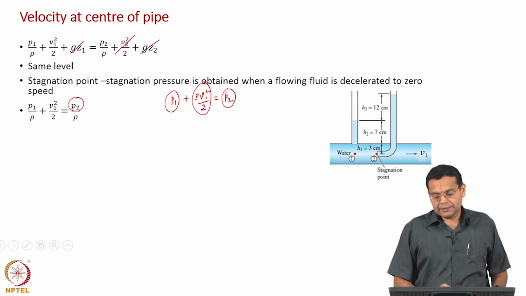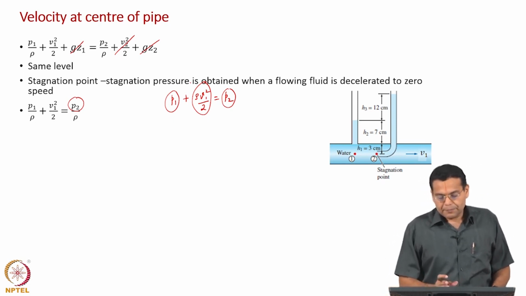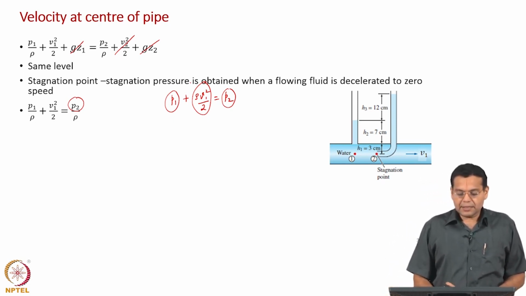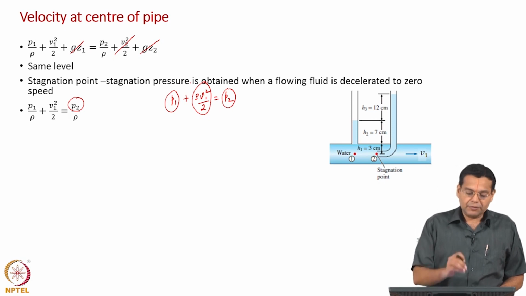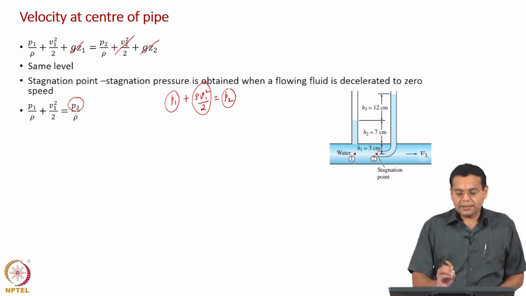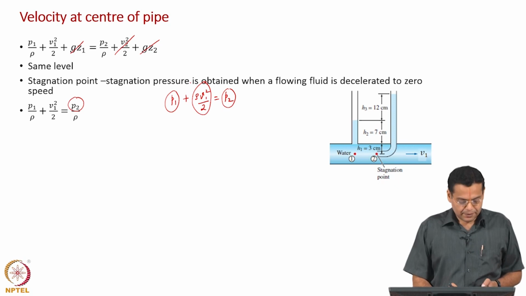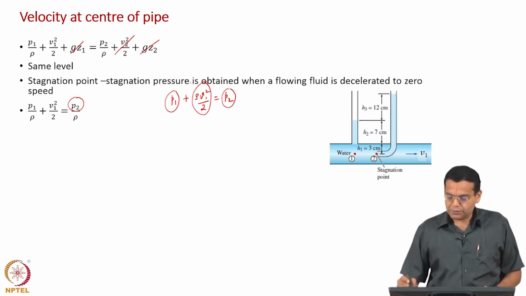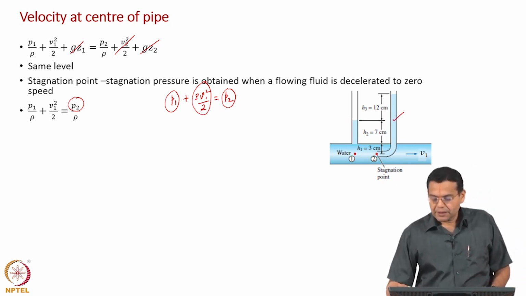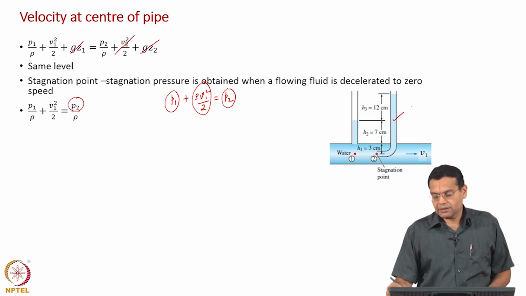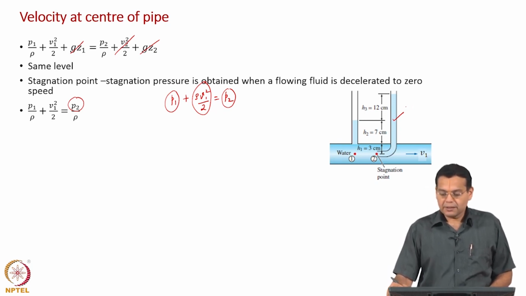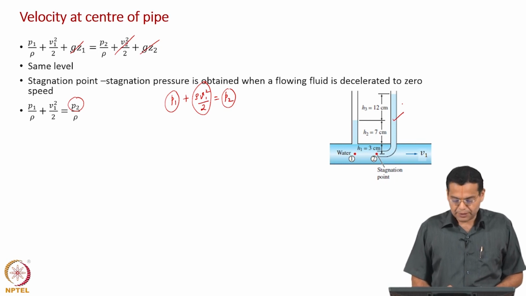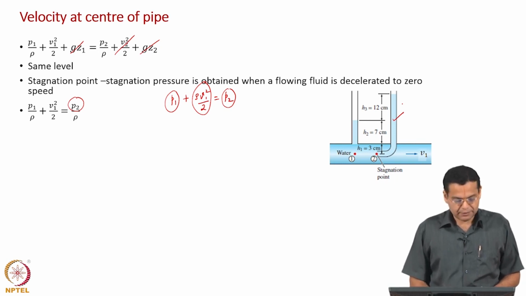So, the stagnation pressure represents the sum of static pressure and the dynamic pressure. And that is why you have a higher level of rise of water in this particular pitot tube compared to the piezometer.